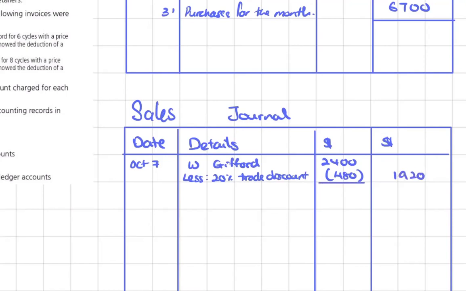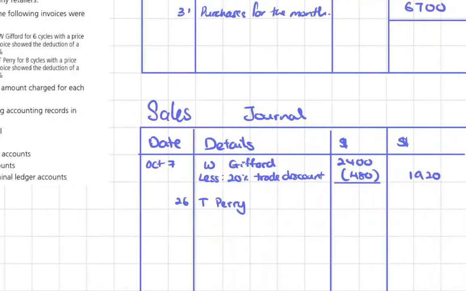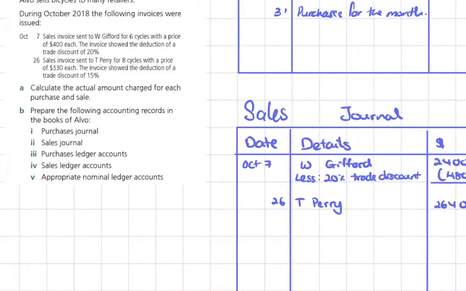So this is done. And then the next part here will be on the 26th. Call it T. Perry. 8 cycles for 330 each, which will be 2,640 in total. And we have a discount of 15%, less 15% trade discount.